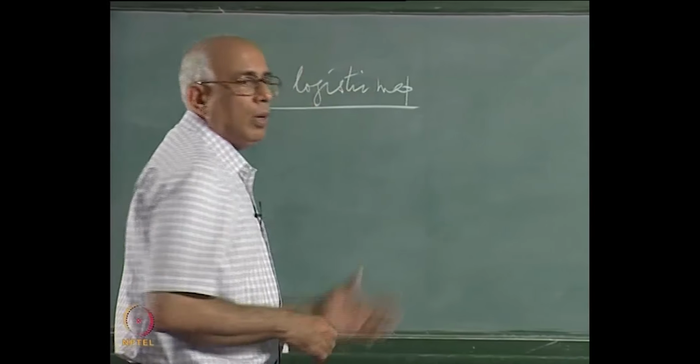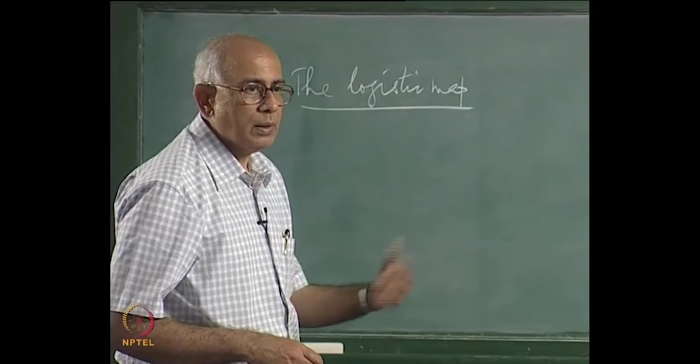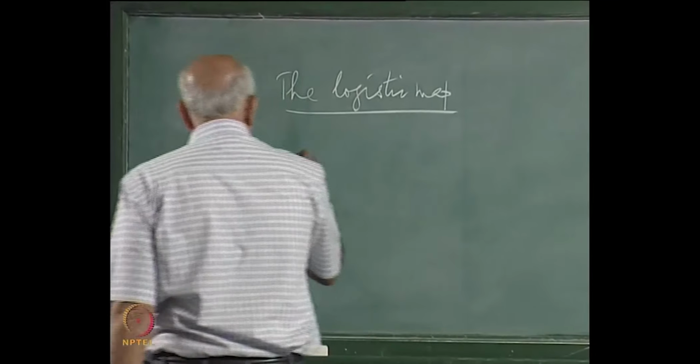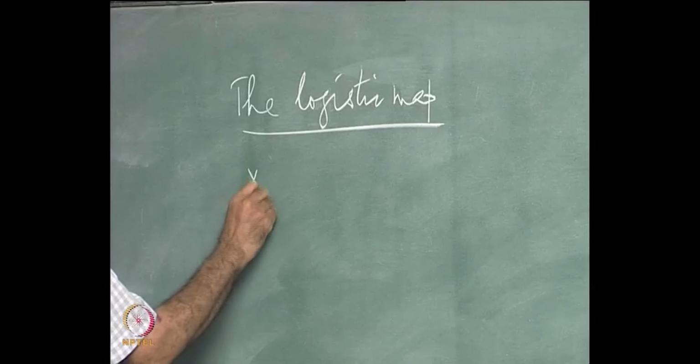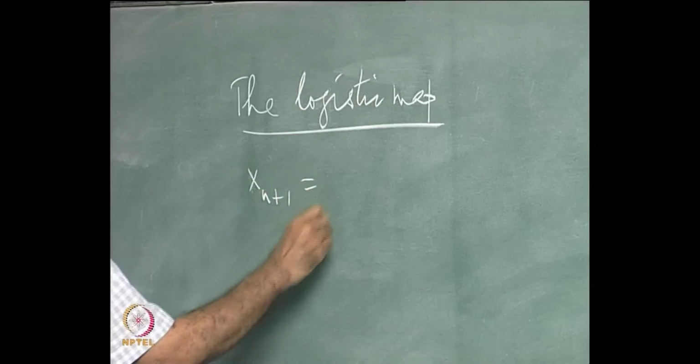This map is parabolic, it is just a parabola, and it looks like this. So the map function is given by x_{n+1} equals mu times x_n times (1 minus x_n), where mu is a constant. Let me call it mu.